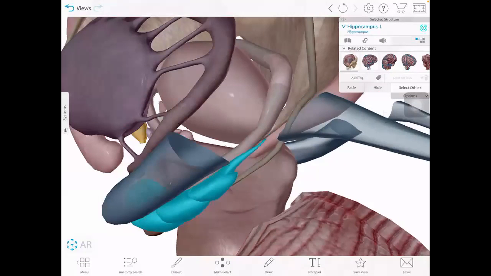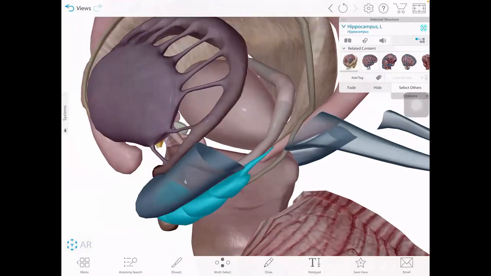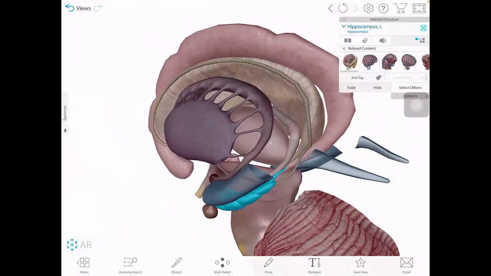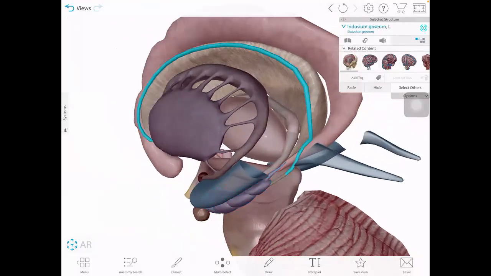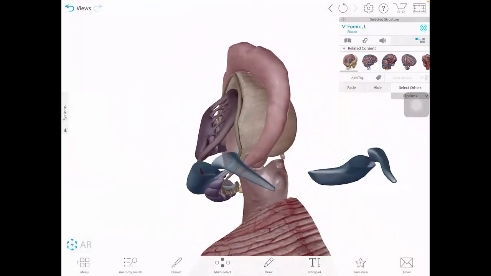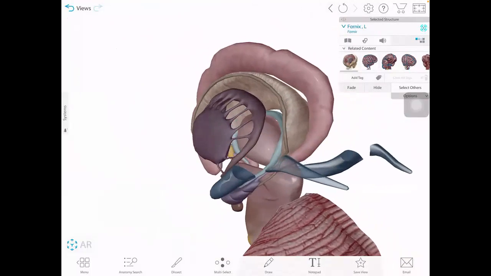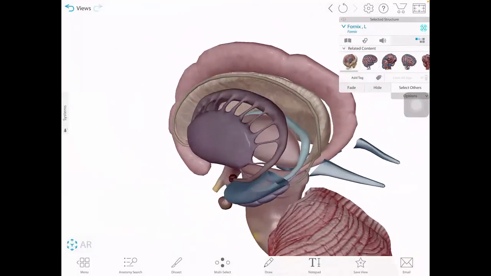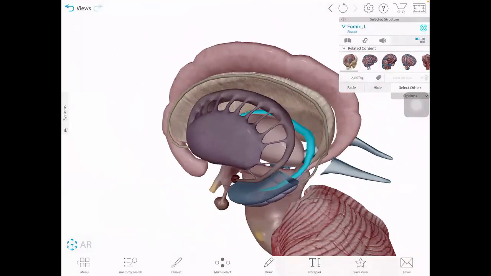Just behind the hippocampus. This is your fornix. All right. And what does the fornix connect? What two structures does the fornix connect? Mammillary body and this hippocampus.